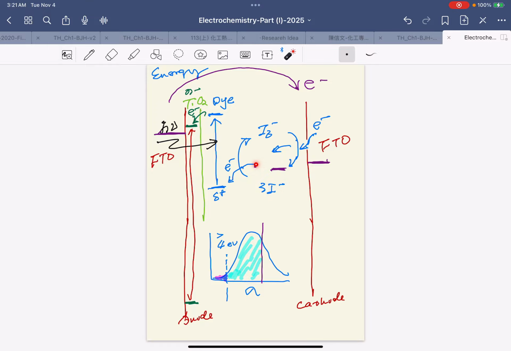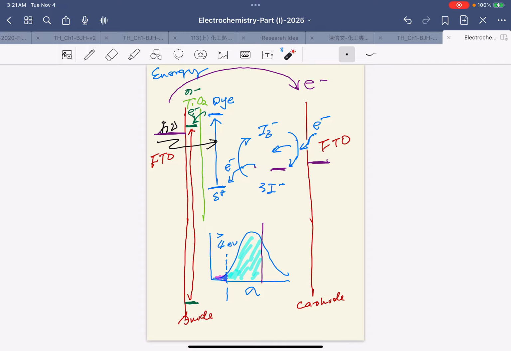Then at the anode side, you want to continue this reaction, so you need to oxidize this iodide again. So this iodide releases the electron.